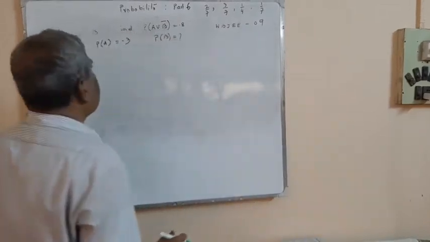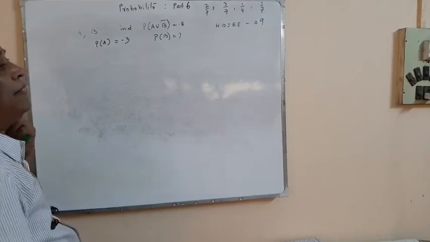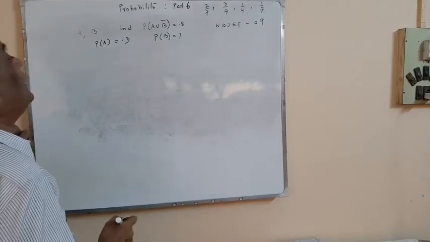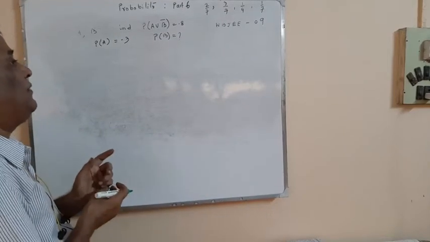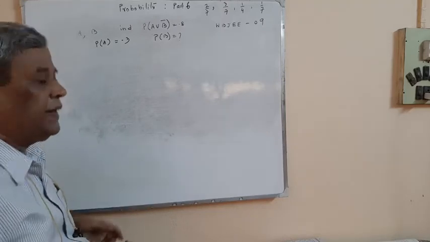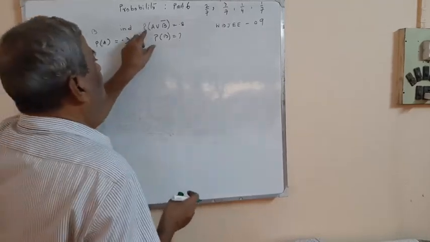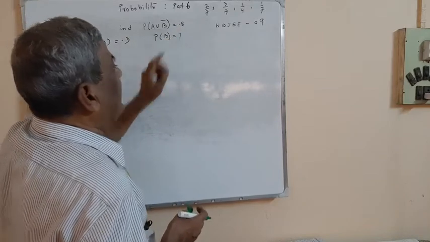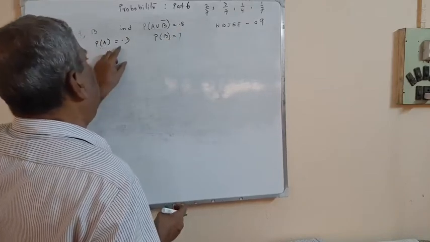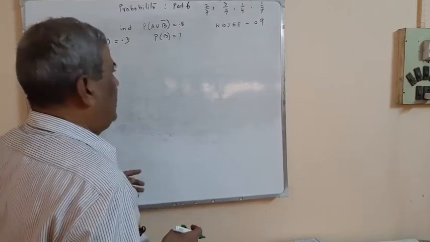So here the given thing is, number one, A and B are two independent events. Number two, the probability of A union B bar is equal to 0.8 and the probability of A is equal to 0.3.